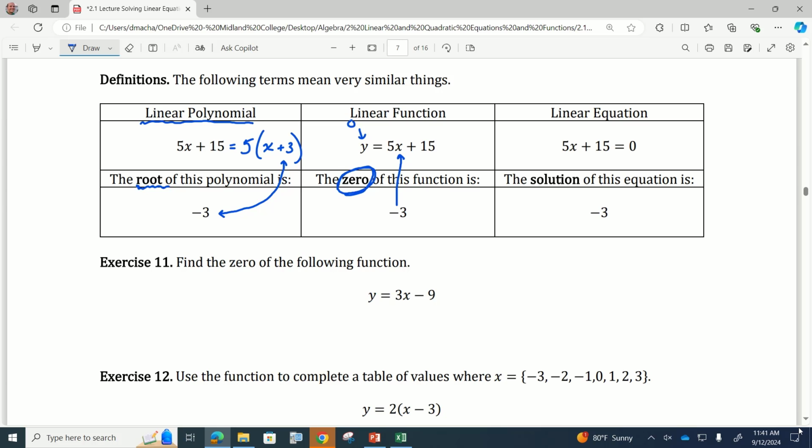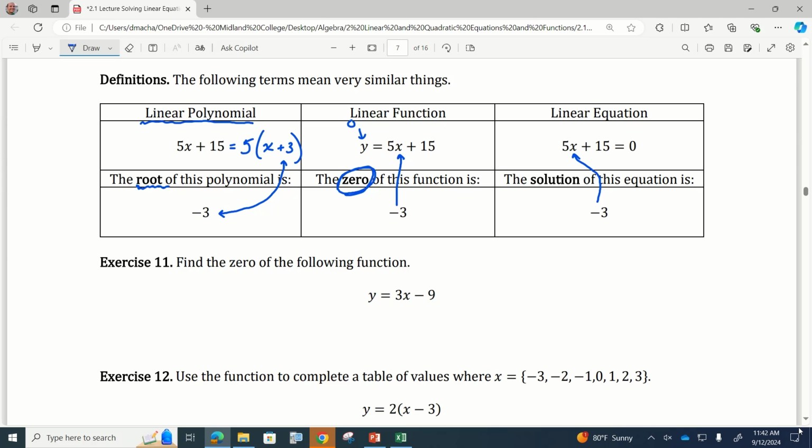I would say the solution of this linear equation is negative 3, because if I plug in negative 3 for x, then the left side of the equation is equal to the right side of the equation. That's what solves an equation, is when the left side is equal to the right side.